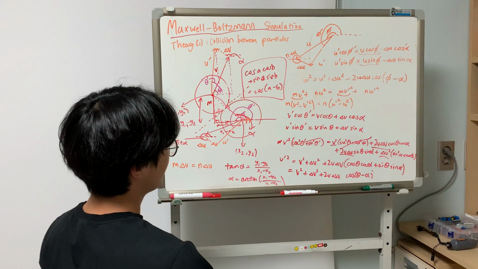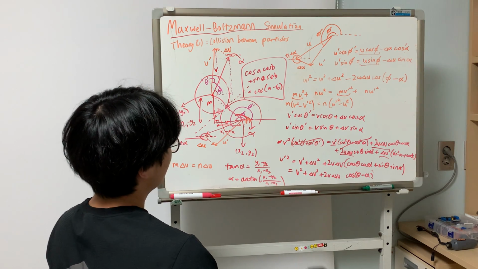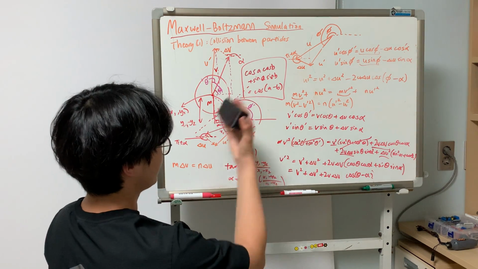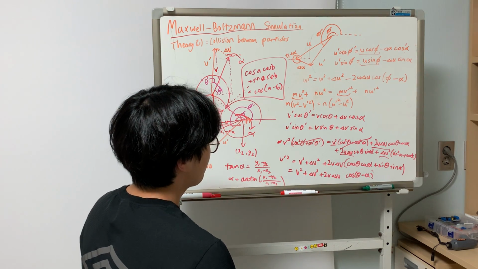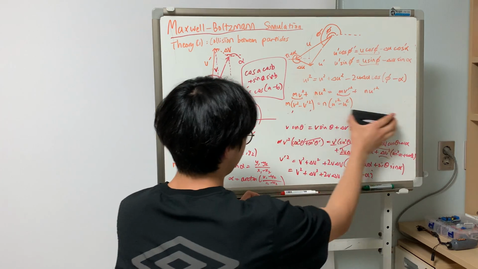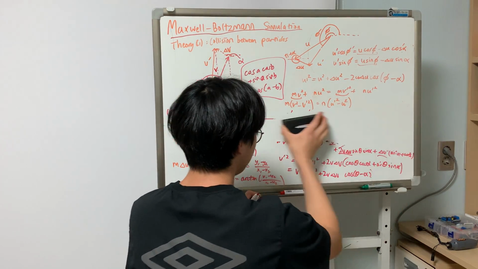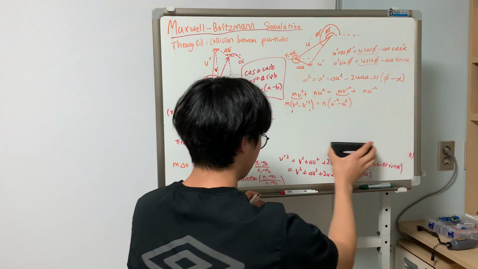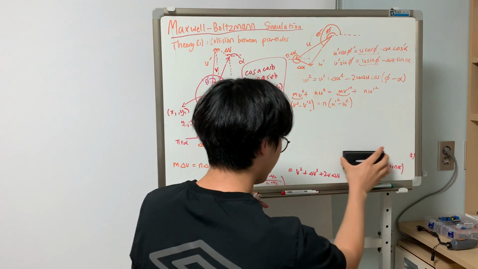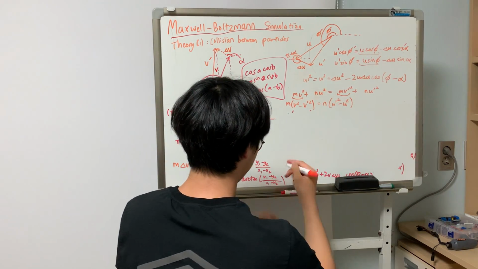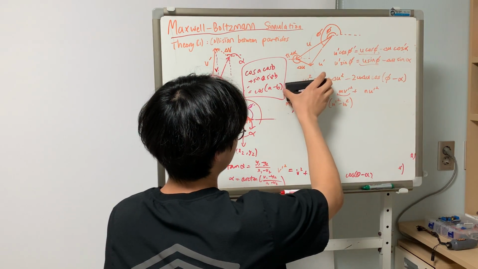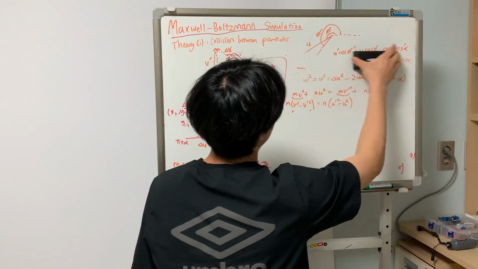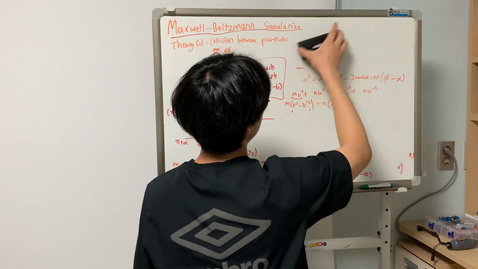So before I do more, I'm just going to leave what's important. I want to leave the diagrams because I'm always going to reference the diagram. I'm going to erase all that because that's done. So that's v prime squared, and all of that we also don't need. So u prime squared is all we need.